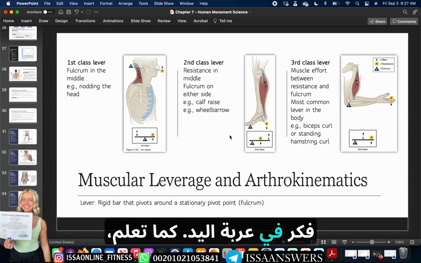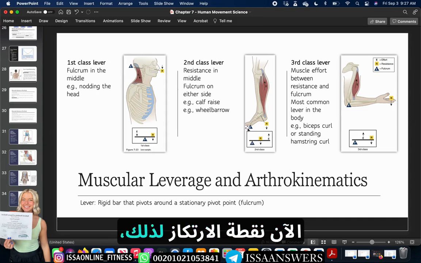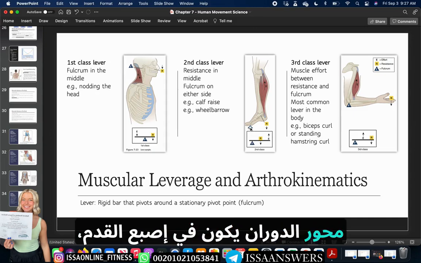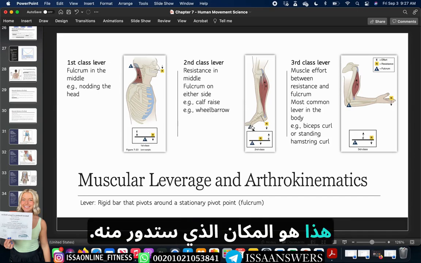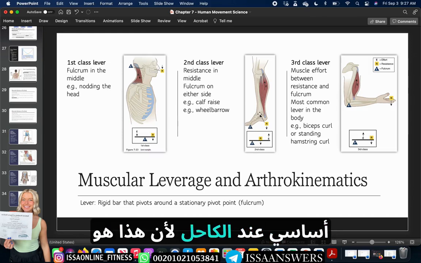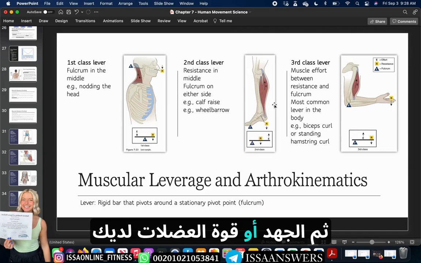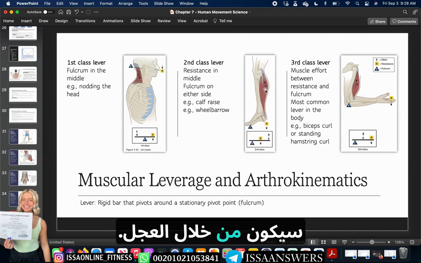Think about a wheelbarrow, how you pick it up and move it. If we're doing a calf raise, the axis of rotation is down in the toe. That's where you're going to rotate from. The resistance is basically at the ankle, because that's where the weight is pushing down through, and then your effort, or your muscle force, is going to be through the calf.